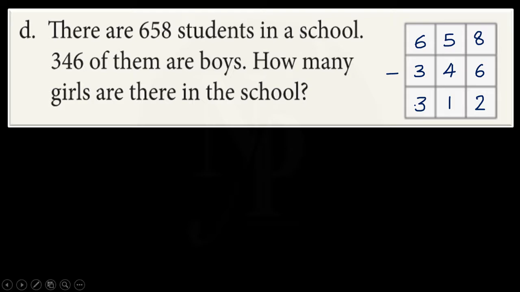So we get 312 as difference, which represents the number of girls in that school. So what do we conclude now? We conclude by saying there are 312 girls in the school.